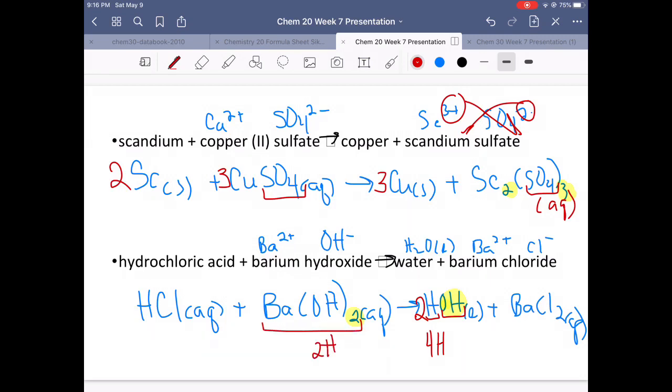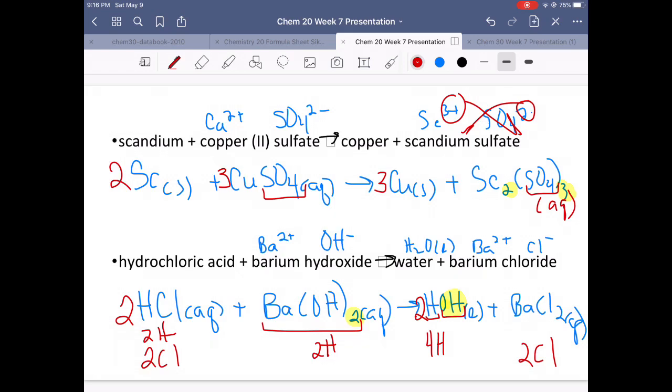I need 2 more to get to 4. How am I going to do that? By putting a 2 in front of the HCl. Now look what beautifully happened now. I have 2 chlorines and there are 2 chlorines produced. It all worked out. We're up to our 4 hydrogens total on each side, 1 barium on each side, 2 chlorines, done and done.